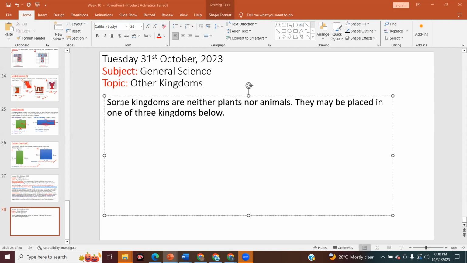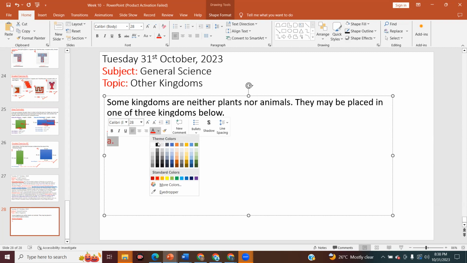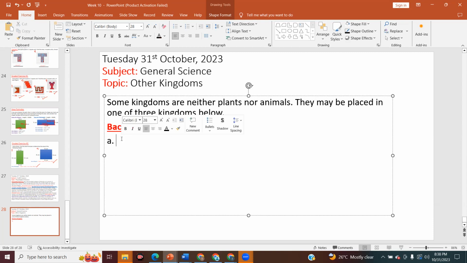So the first kingdom that we'll be talking about is the bacteria kingdom. I think they're pretty straightforward. Everyone knows what a bacteria is. The first thing we know about bacteria is that they are very small. That means we can only see them using a microscope.